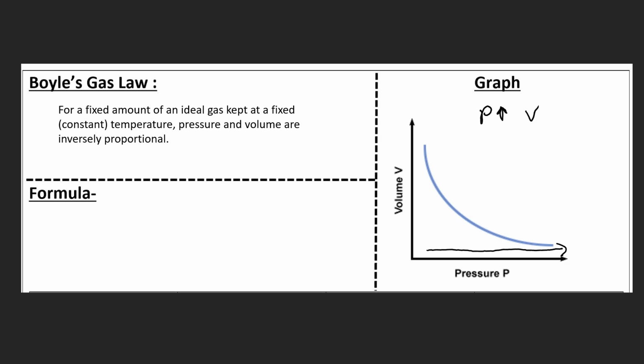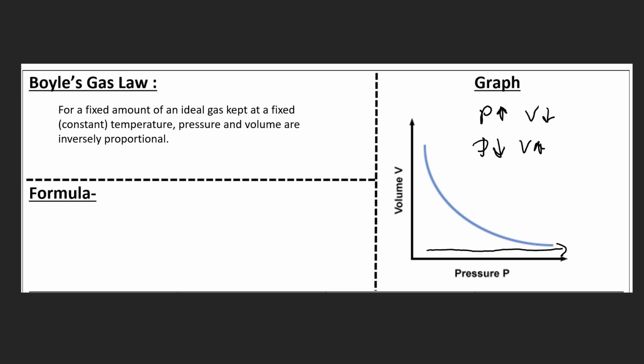And conversely, as our pressure decreases, our volume goes up. So that's what it means to be inversely proportional. As one goes up, the other goes down.